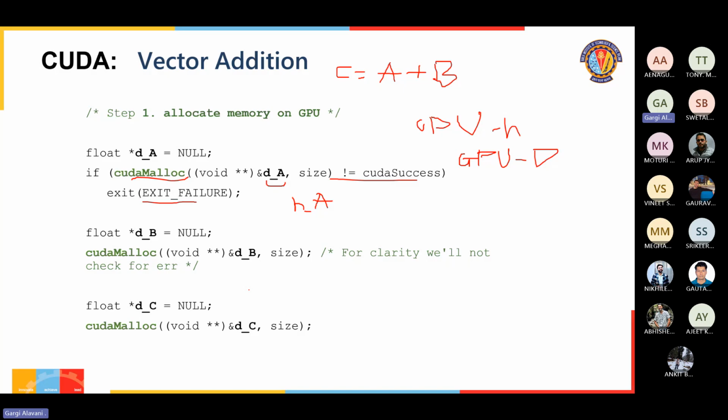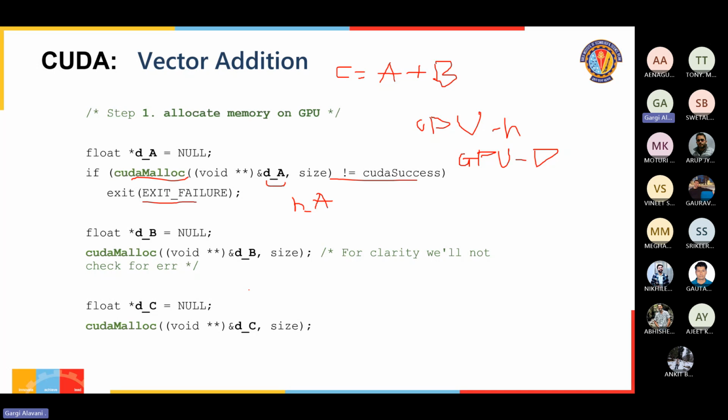For vector addition, we need 3 vectors, A, B, and C. A and B will be the input vectors, and C will be the output vector. All 3 have to be allocated on the GPU because we need data to be moved from your CPU to the GPU and from the GPU back to the CPU. So that's the first step of your CUDA program.